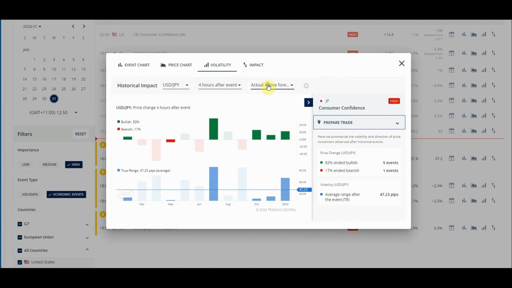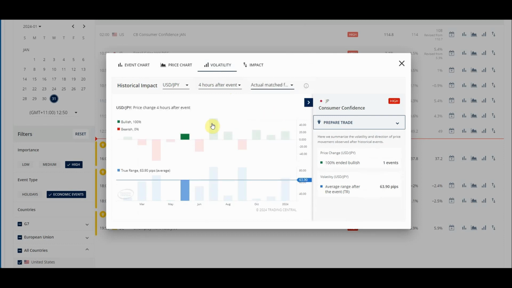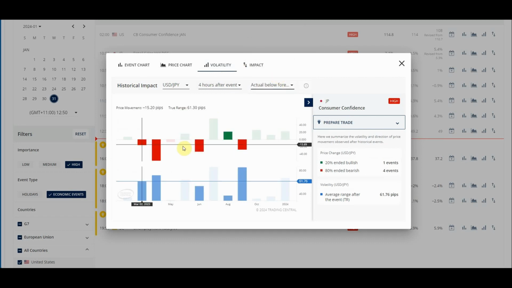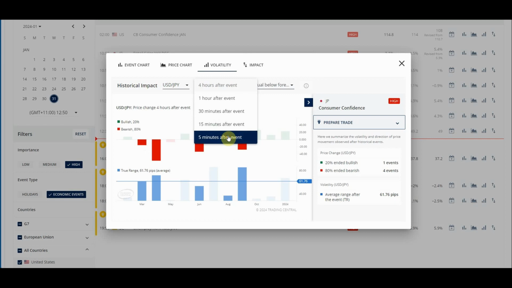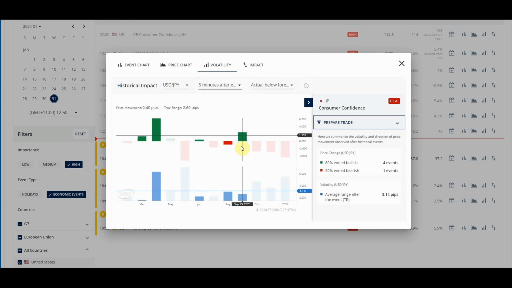So above forecast, over 4 hours we're expecting to go long. If it matches it, we've only had it once in this period, and below we're expecting it to go down over this 4 hours. And then where the magic happens is, what's the first 5 minute spikes?